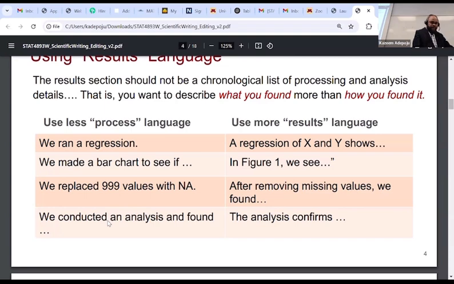Now, before I move away from the use of result language, I'm actually going to highlight the benefit of using result language instead of process language. By shifting from process language to result language, and don't forget the process language is just how you found it while the result language is what you found, the result section becomes more clear.